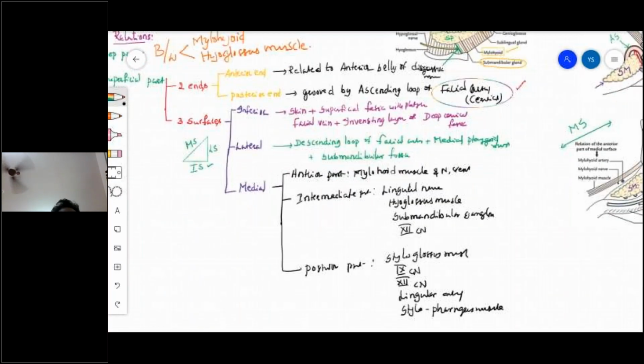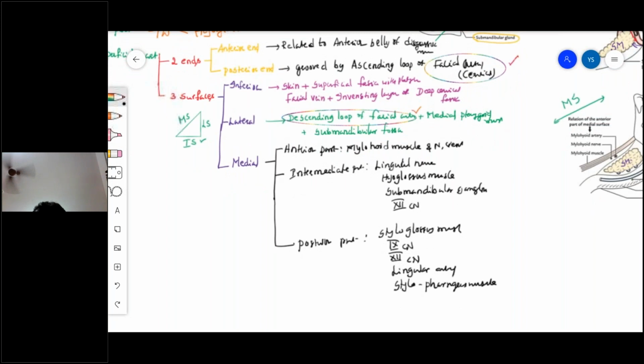And next we come to the relations of the surfaces. In the lateral relations, between the gland and the submandibular fossa, again here we can find the descending loop of facial artery. That point should also be highlighted. And next we come to the medial surface relations.